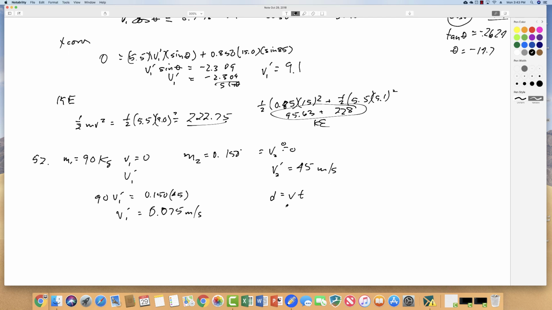And so the time here, distance over velocity, is going to equal 15 meters divided by 45 meters per second, so 0.333 seconds. And then if you multiply that by this new velocity, you get 0.025 meters. And that's the distance he travels.